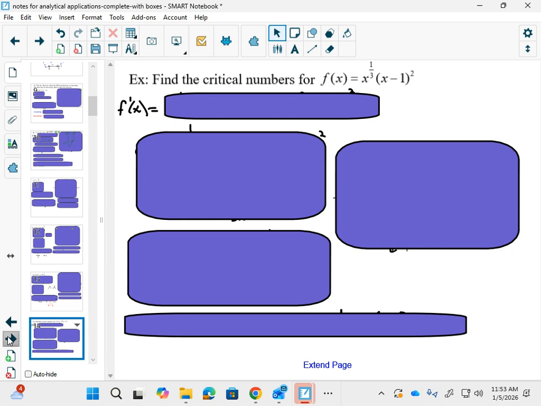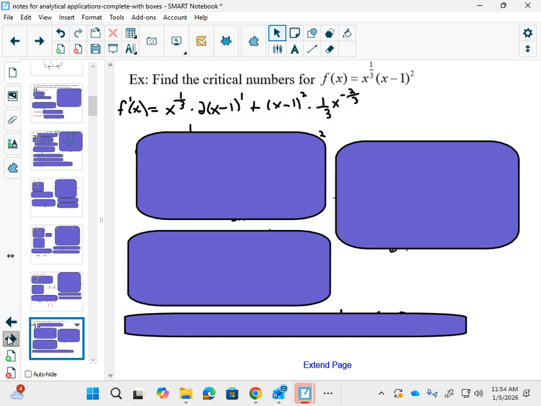So I'd like you to do the derivative and find out all the critical numbers on your own. You see, it was a product rule.